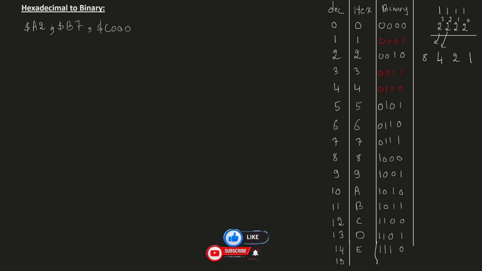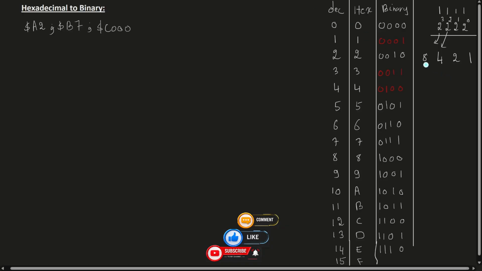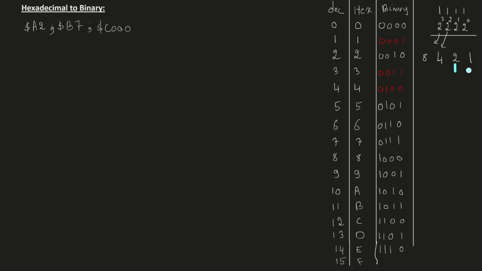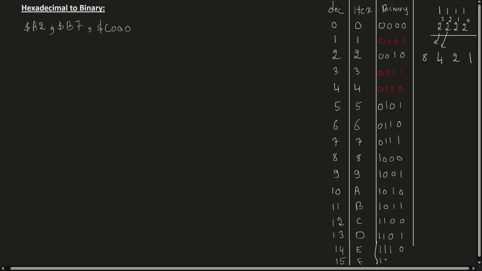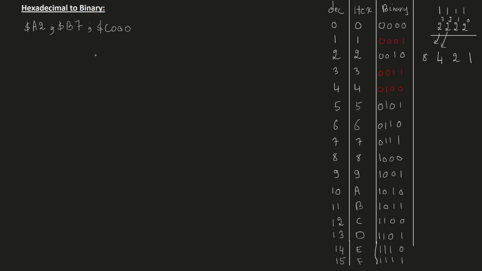Lastly, 15 in decimal is letter F in hexadecimal. In order to get 15, you need to make all bits 1. 8 plus 4 is 12, plus 2 is 14, plus 1 is 15. So that is 1, 1, 1, 1.